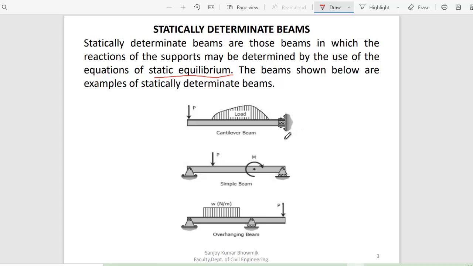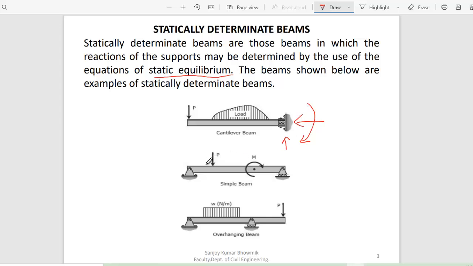Here you can see there will be a vertical reaction, a horizontal reaction, and a moment. So three unknowns are here due to the fixed support, right? You have three equations, so by using these three equations, three unknowns can be found. So that can be determinate.